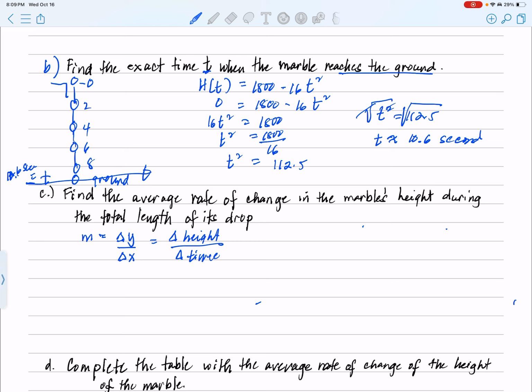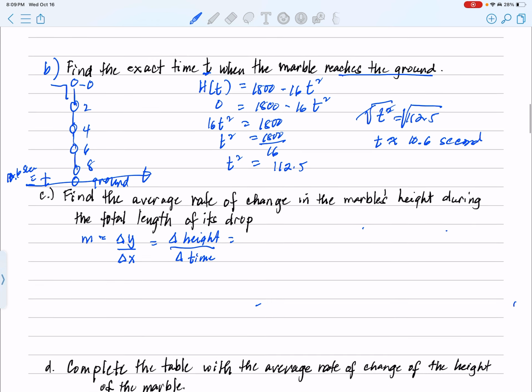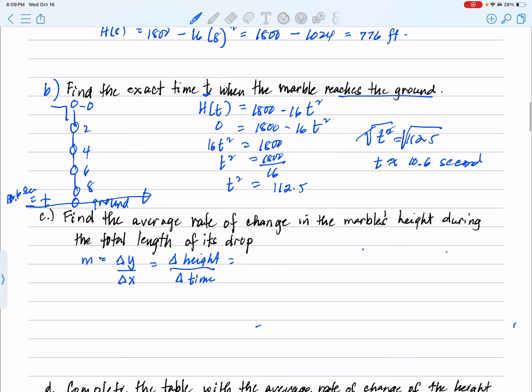What change of height would that be? So that means from the initial height to the final height. When the ball reaches here, this is the final height right here.